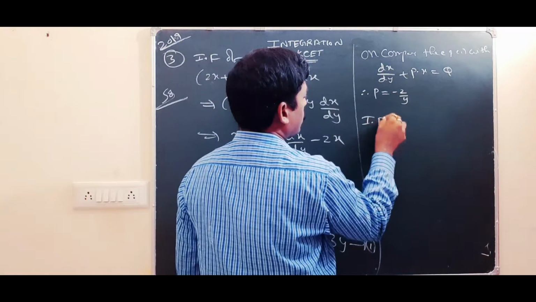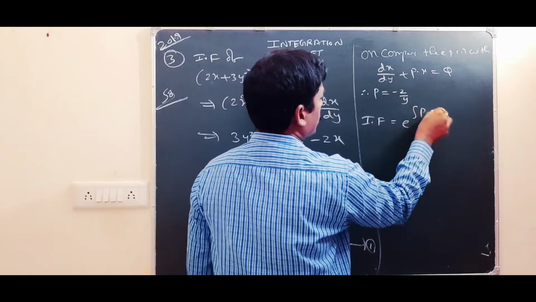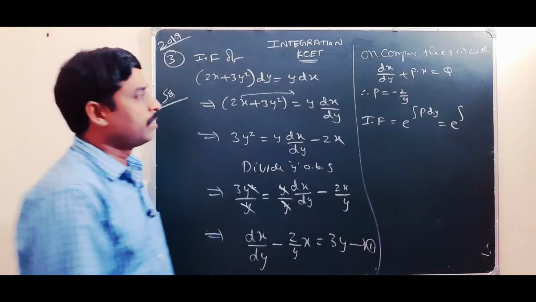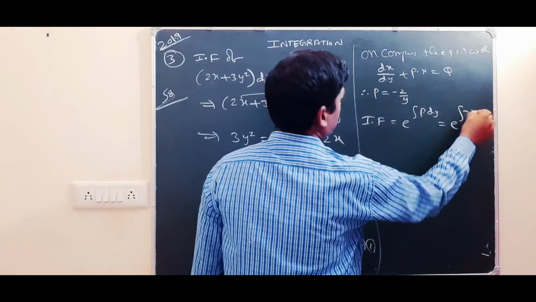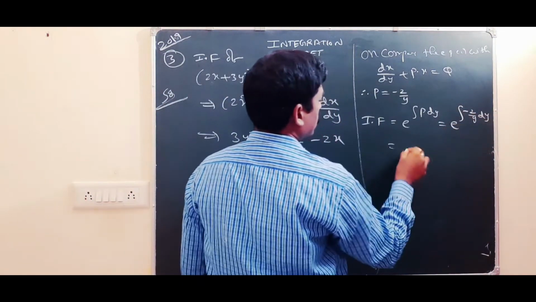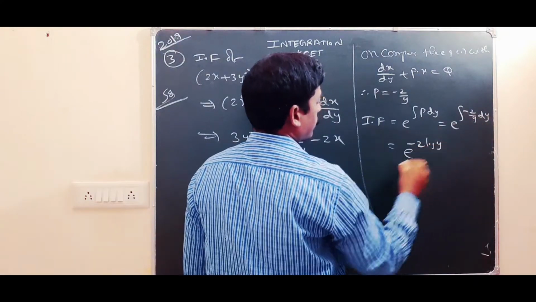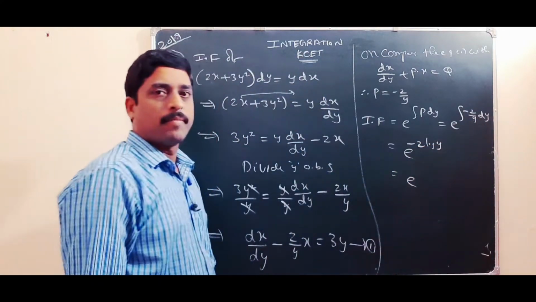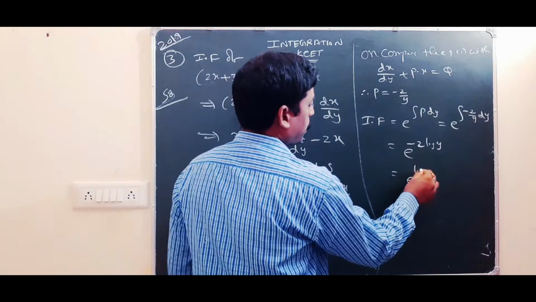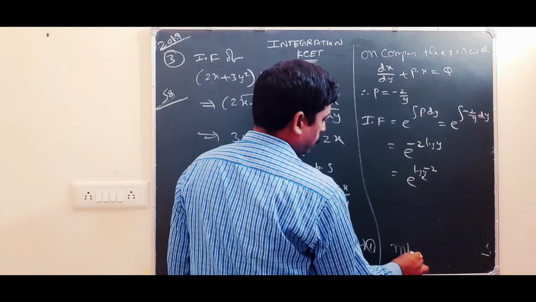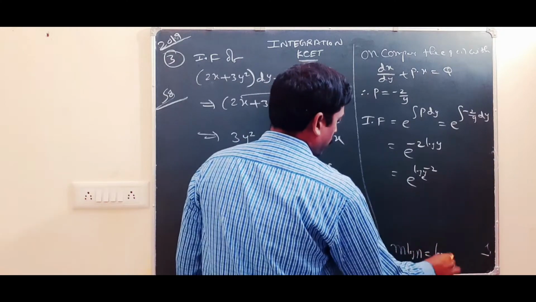So for the integrating factor, we have the formula e to the power integral P dy. Where P value, write minus 2 by y dy. In this, e to the power minus 2 constant, 1 by y integration is log y. e to the power minus 2 log y. According to the formula m log n is equal to log of n to the power m.